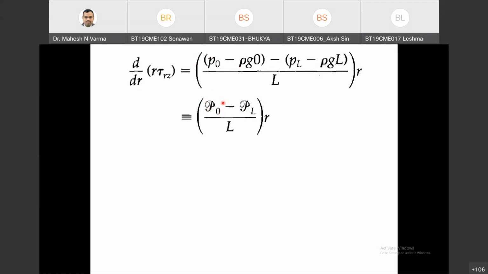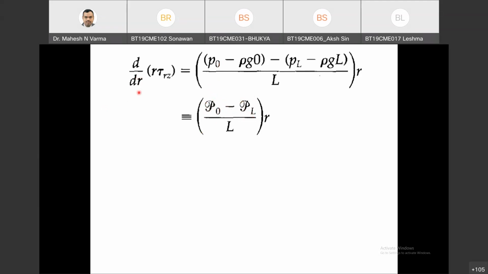Capital P0 is a measurable pressure. All the time I will be measuring the pressure given by the pump and the potential head. That combination only I will be measuring. This is called gauge pressure. P0 is a gauge pressure, which is a combination of the pressure given by external agency like pumps plus potential head. And this is PL. PL is the pressure at length L.